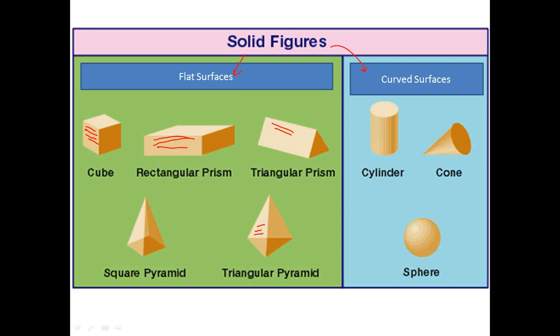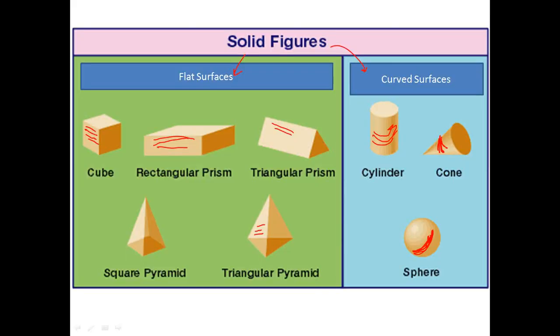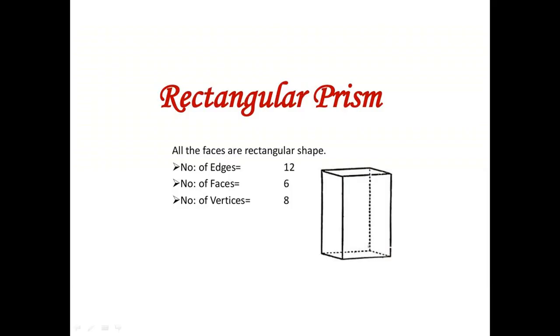But look here at the cylinder, how it's curved. It's very curved. As well the cone, if you get an ice cream cone, how it looks, it looks curved, right? And the sphere, look at the sphere, how curved it is. Its face is curved, right? So this is the difference between the solid figures with flat surfaces and curved surfaces.